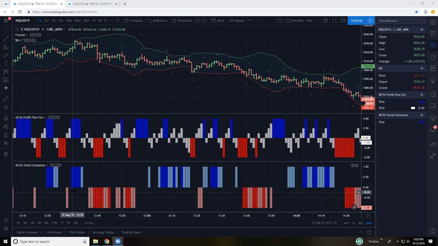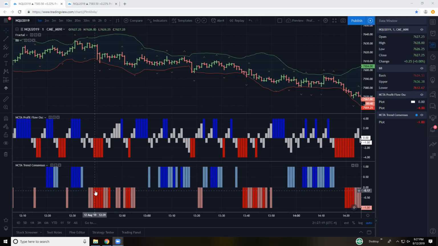With trend consensus, you want 2 back-to-back blue bars or 2 back-to-back red bars in order to enter a trade. Now, you'll see that some of the red bars are a light red and some of the blue bars are a light blue. It doesn't matter if you have a light blue followed by a dark blue. The dark blue bar is your signal to go long.